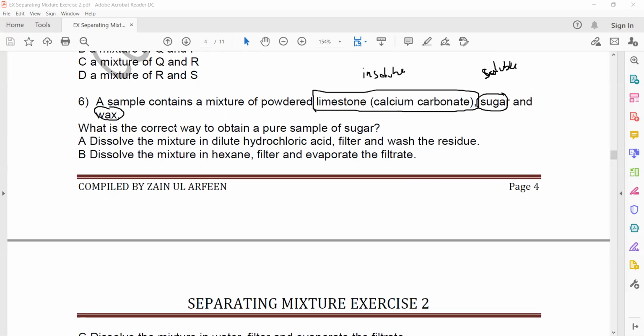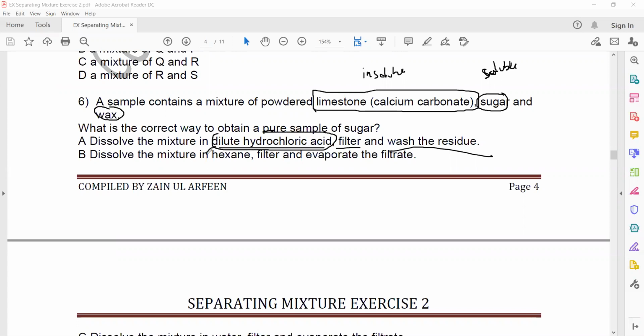So what is the correct way to obtain a pure sample of a sugar? If you want to obtain sugar, dissolve the mixture in dilute hydrochloric acid, filter and wash. Why this will not work? Because the acid is there, hydrochloric acid will react with sugar, so this will not be suitable.